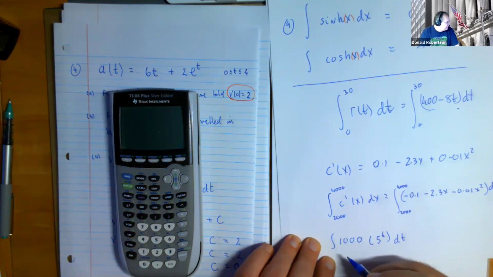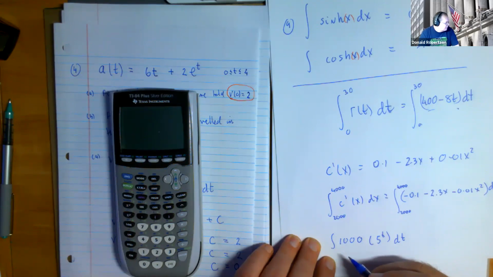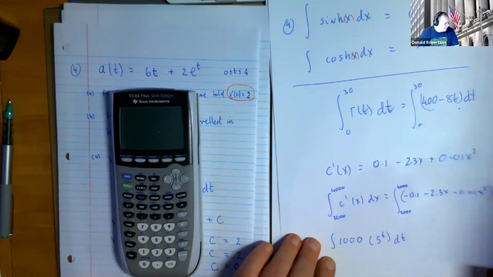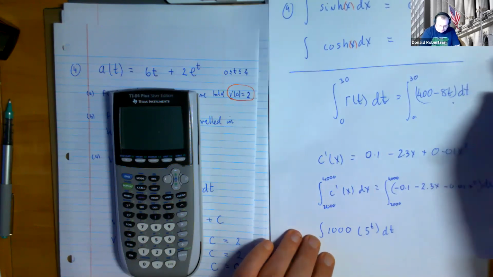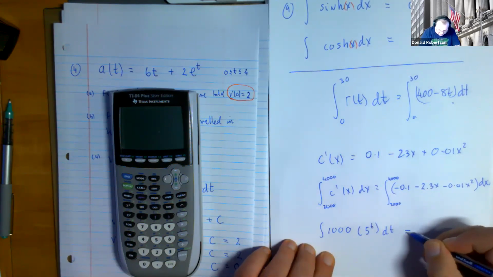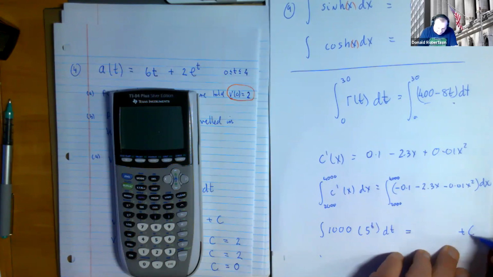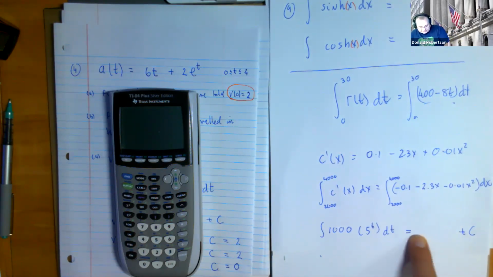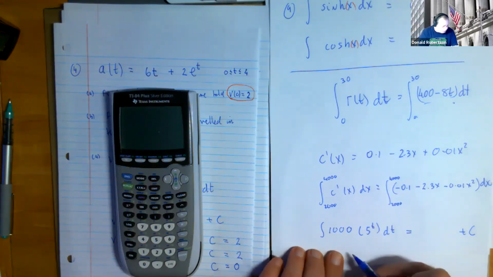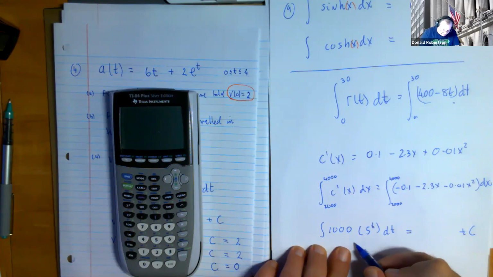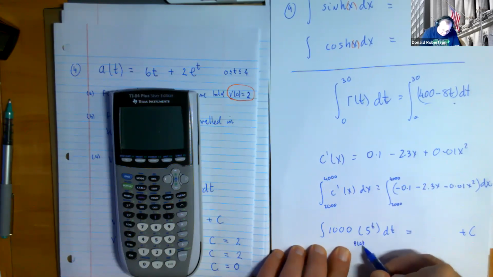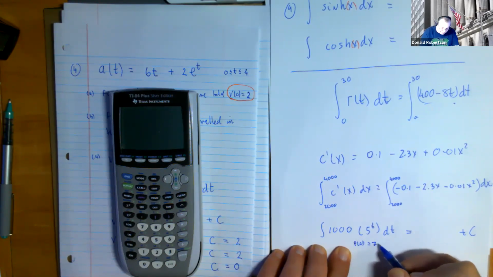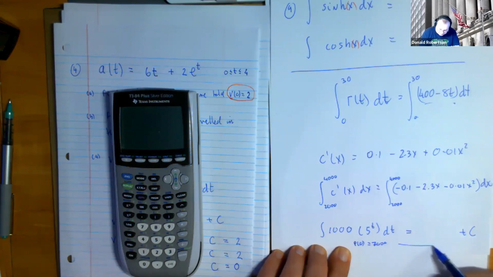And in this story, by integrating this, you are going to find the formula for the population. So this is going to be a generic indefinite integral with a plus c at the end. And then you're going to use the fact that the population at time 0 is 7,000. And that will get you this.